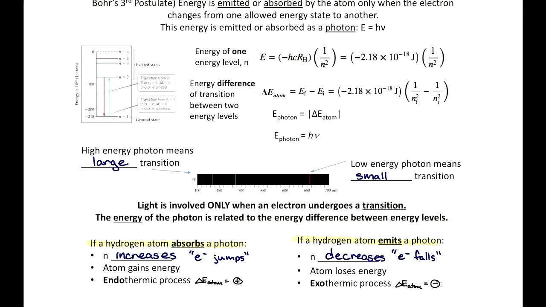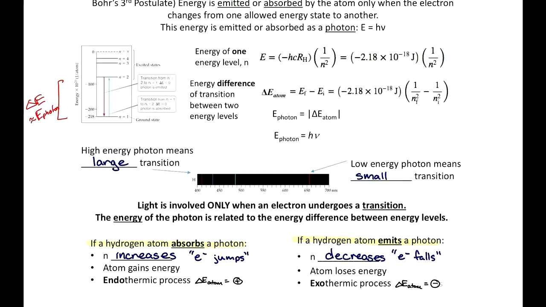Okay, so energy differences here of our atom, there's always some type of photon related to it. But it's up to us to understand, is a photon emitted or absorbed? So just like in chapter 5, where we talked about exo versus endothermic, but we talked about energy in terms of heat.